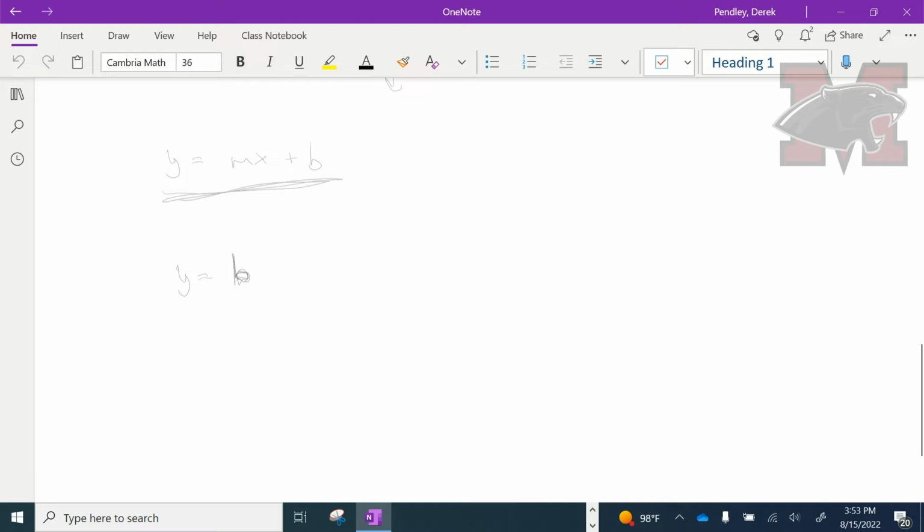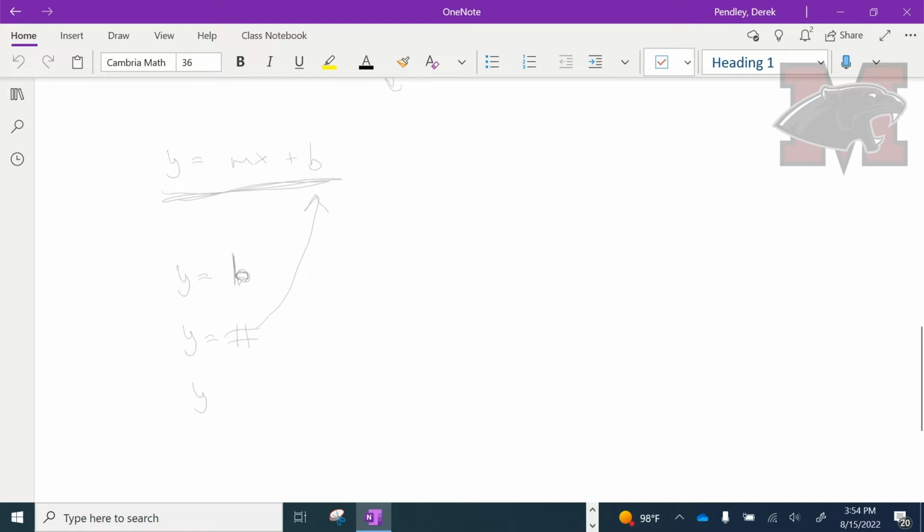So if you have y equals some number, that number would be the same from this formula, but you could write it a different way.